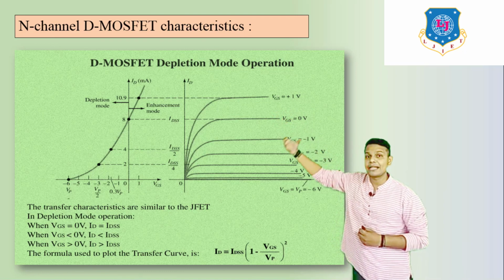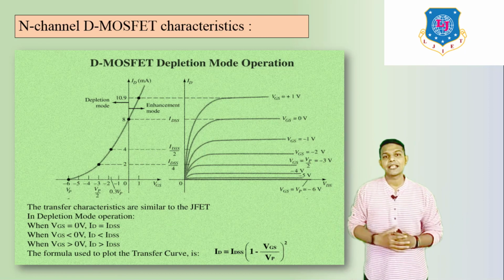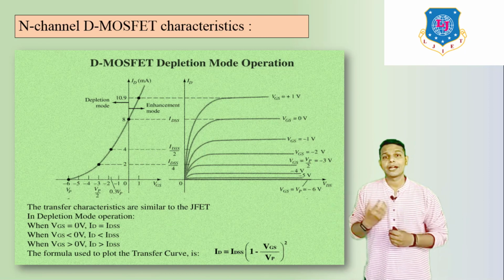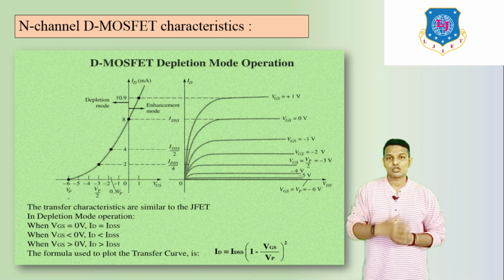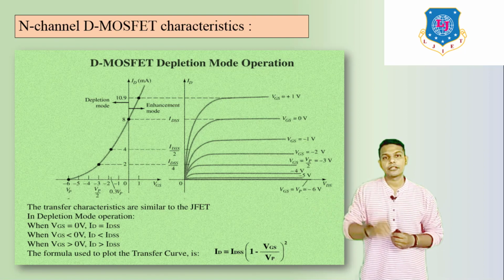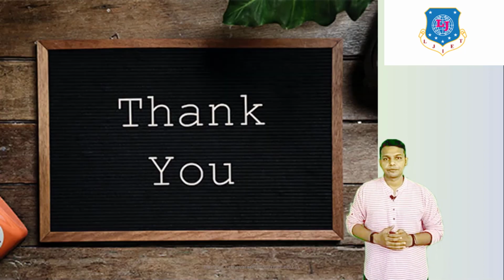It is maximum than the IDSS. So that's why it is known as enhancement MOSFET. So we are gonna discuss about it in E-MOSFET. So these are the conclusion of 3 different cases. So this is the N-channel D-MOSFET.